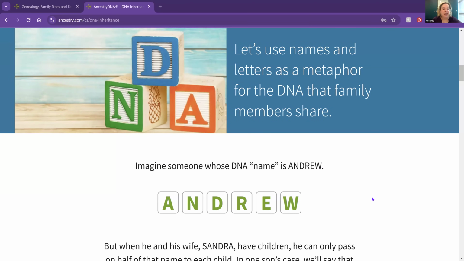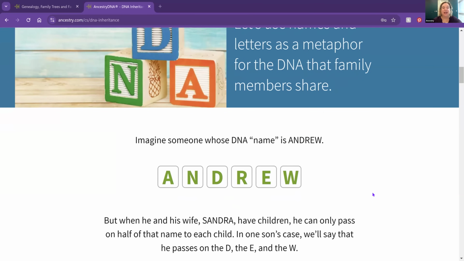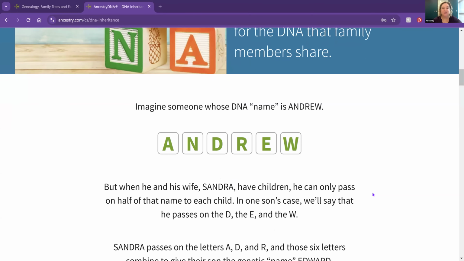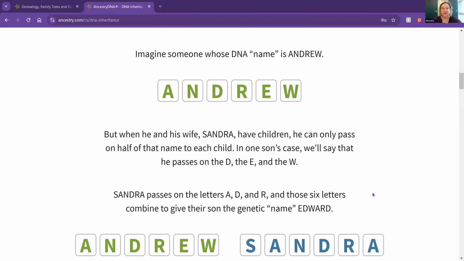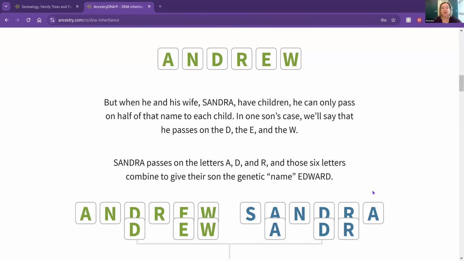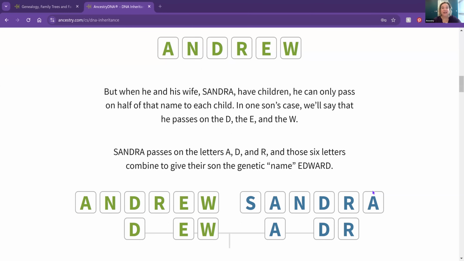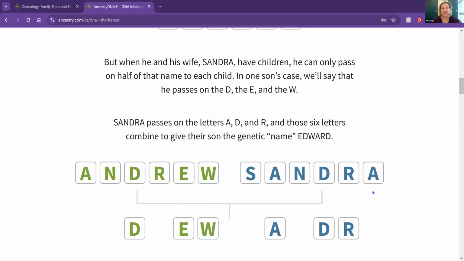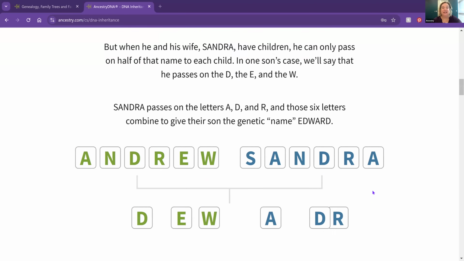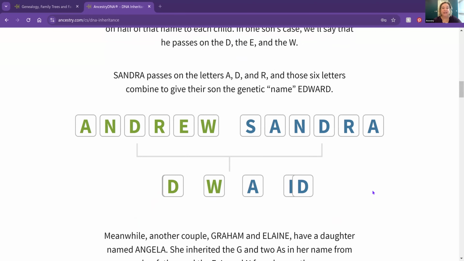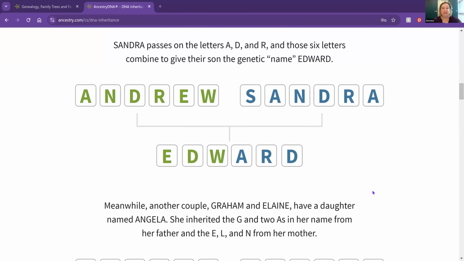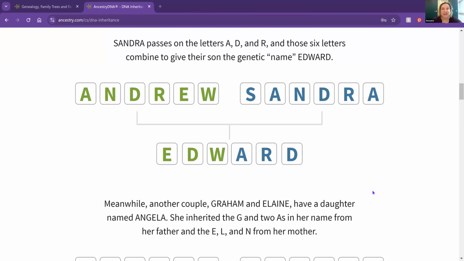Andrew very conveniently has 6 letters in his name, because then we can divide it in half, okay? Now, when Andrew and his wife, Sandra, have a child, they are each going to pass on 50% of their DNA to their child. That DNA is going to get recombined, and that child's name is going to be Edward, okay? You with me? You see how that's happening?